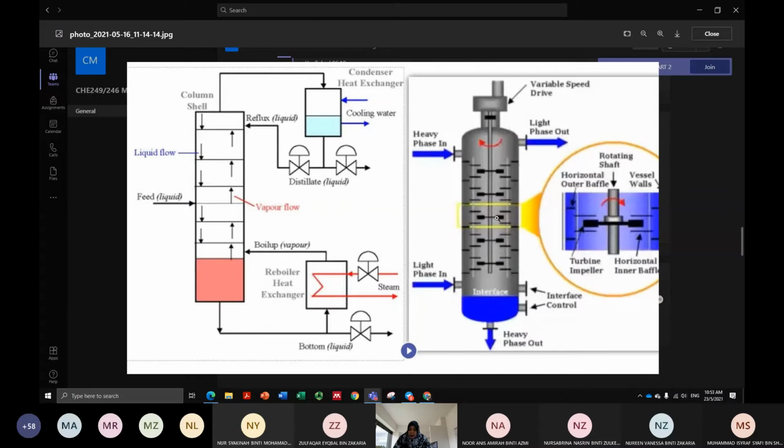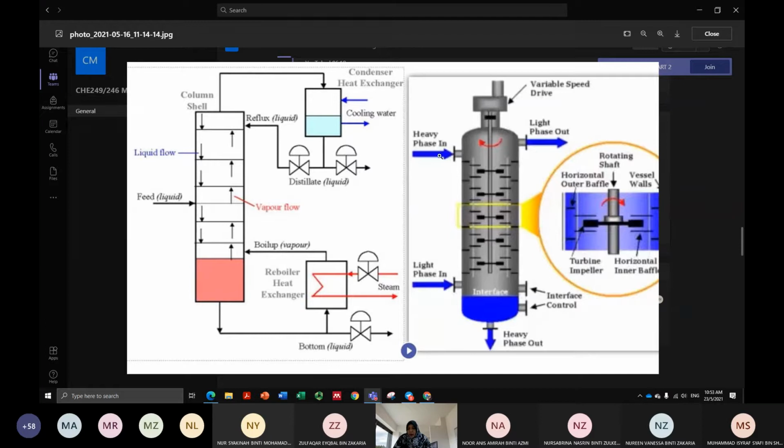That is to make sure that we have good mixing between the heavy phase and light phase, because we know from the theory that the light phase, or your solvent, must be soluble in your solute.